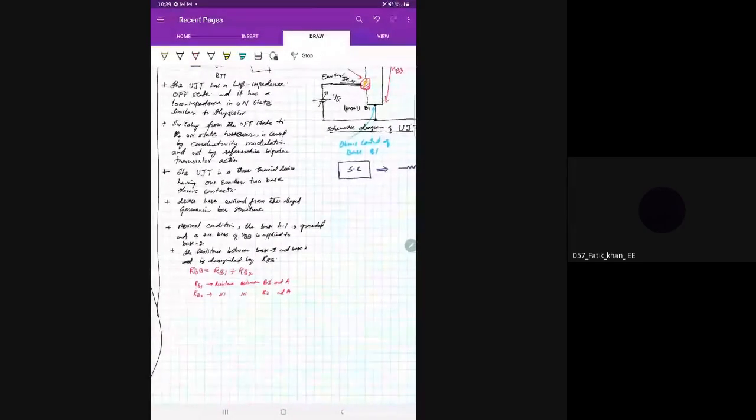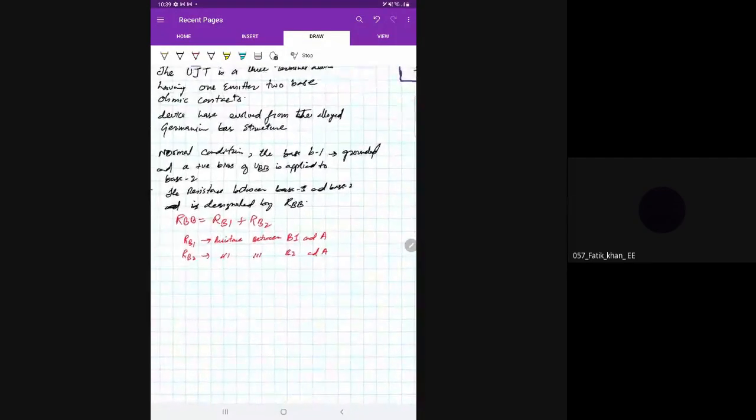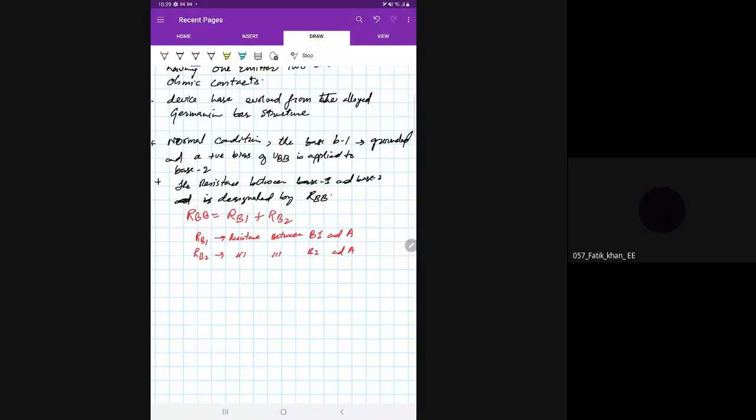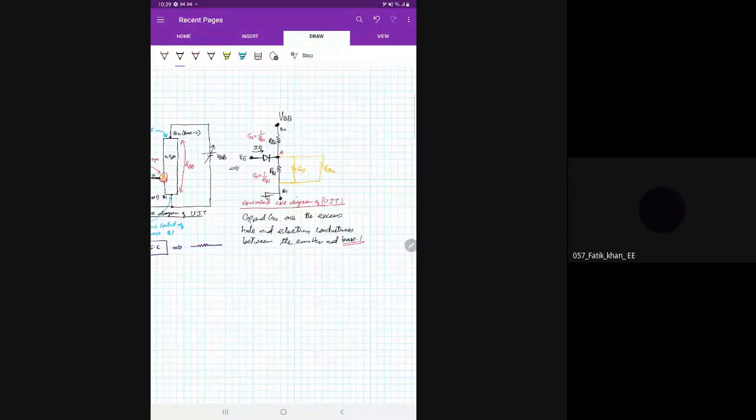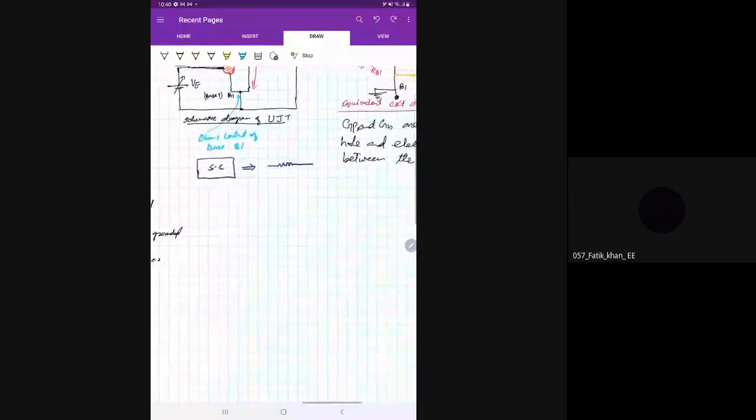Anyway, now VBB, which is connected at the top here. What is the job of VBB? This voltage establishes the current inside the n-type bar. It establishes the current between RB1 and RB2, inside the n-type semiconductor bar.